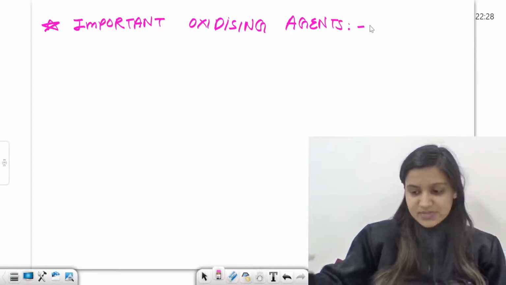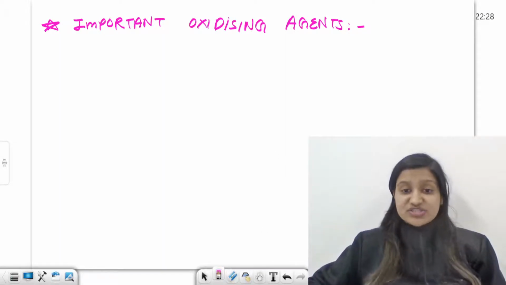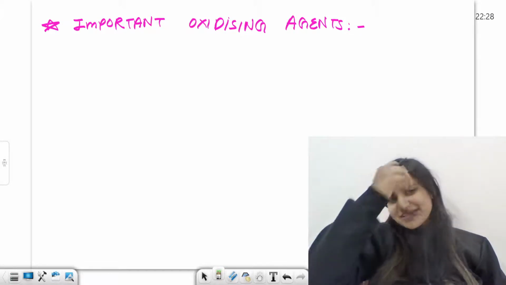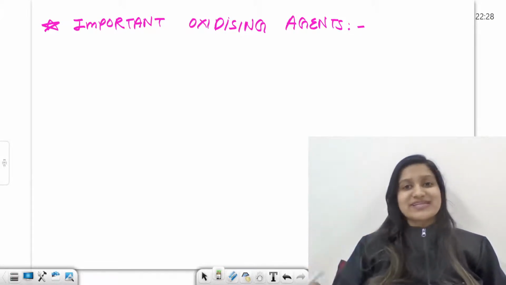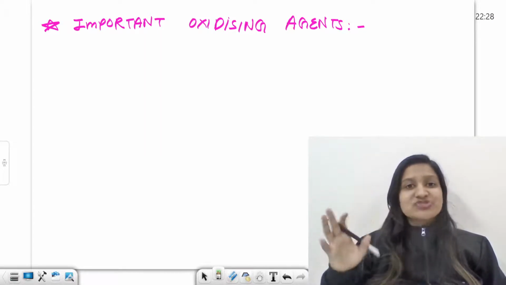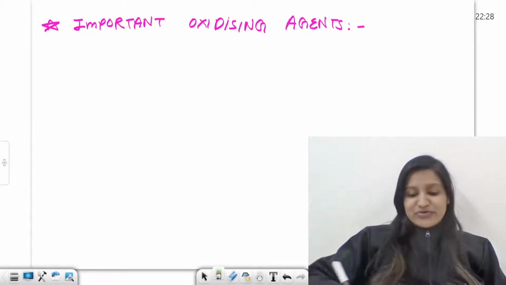Let's see the important oxidizing agents which you need to remember, so that when you look at a reaction you can tell this is the oxidizing agent and imagine the mechanism of whatever is happening in the reaction.